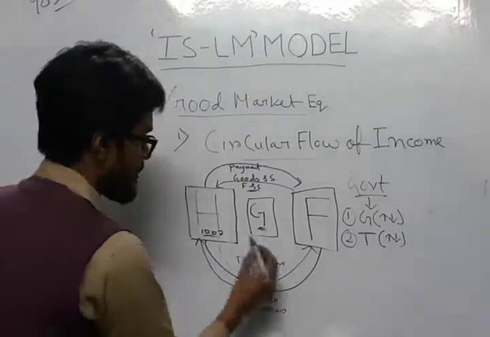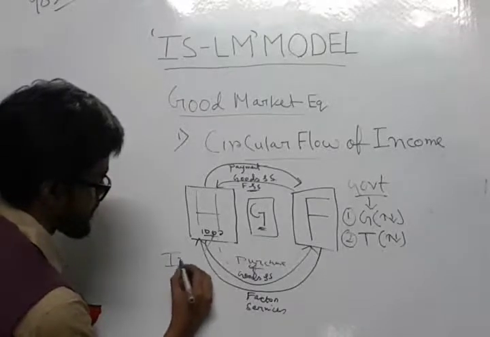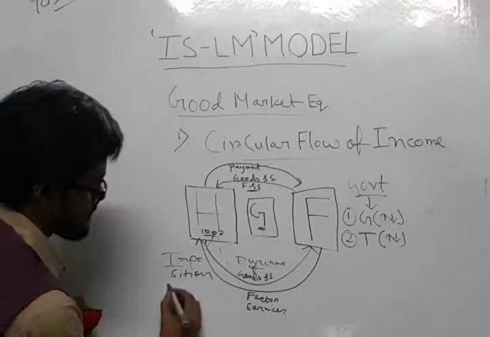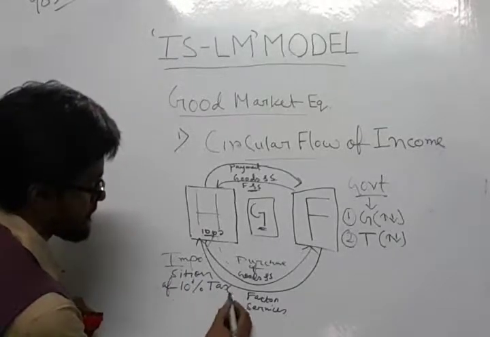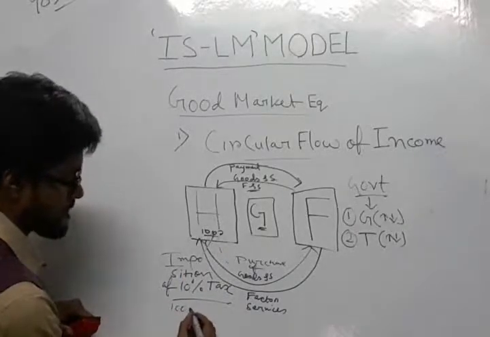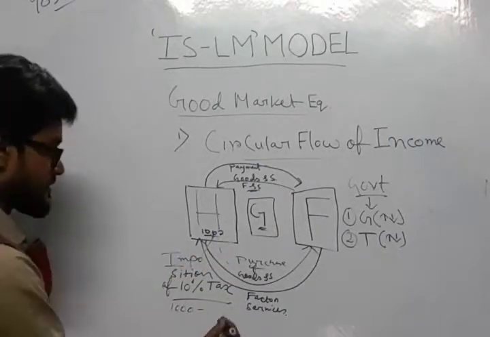So before it was 1000, now due to imposition of 10% tax, now 10% of 1000 is what? 900.